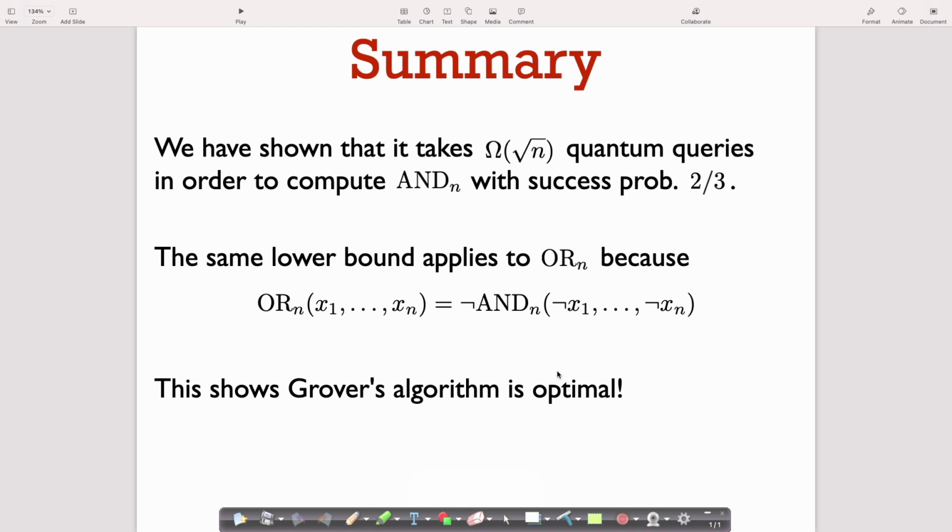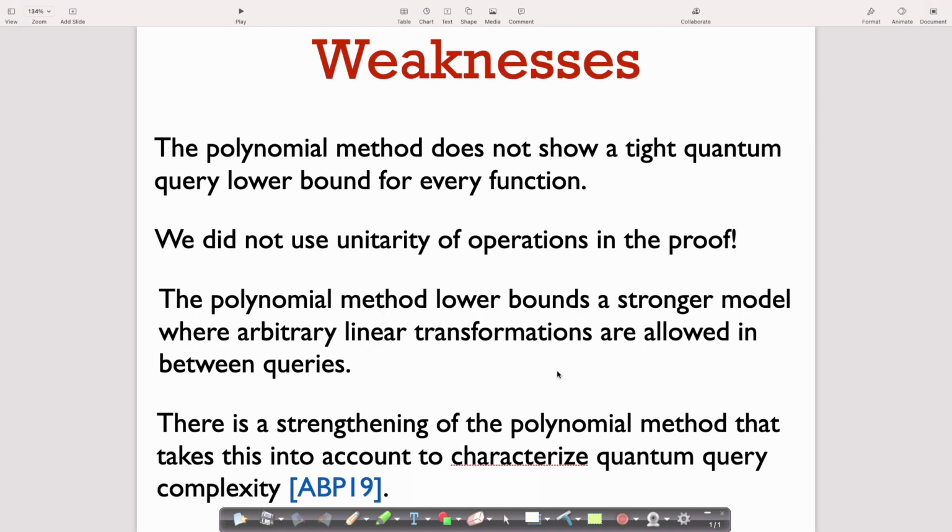So that's an example of how you can apply the polynomial method. Let me back up and give a higher level overview of the polynomial method. It's known that the polynomial method does not show a tight lower bound for every function.